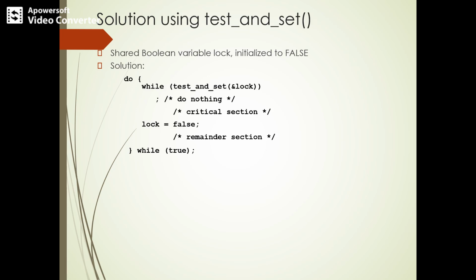Whatever the value of the target, that target value will be updated, but the new value of the target will not be used. The original value will be used. The function has a parameter called lock, which is initially false, so it returns the value false itself.